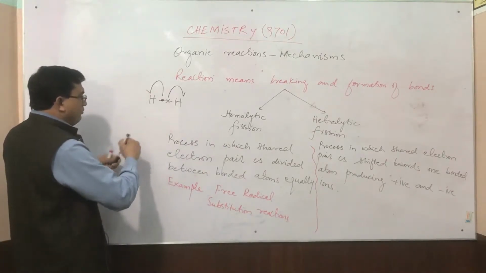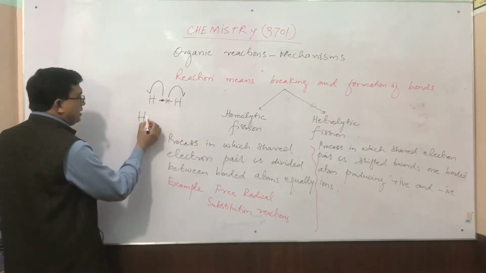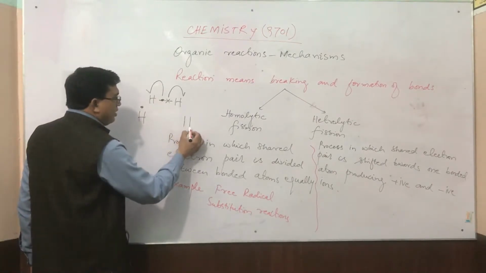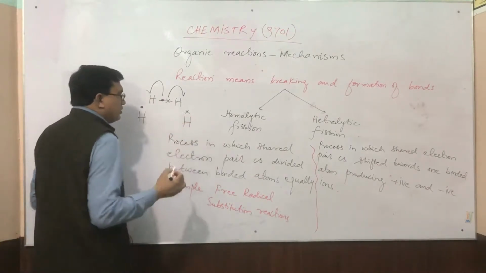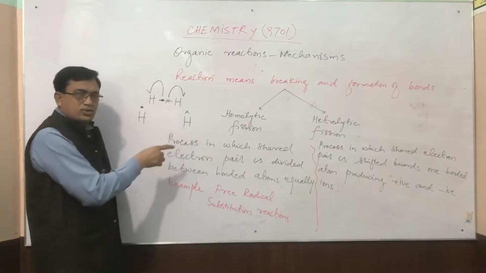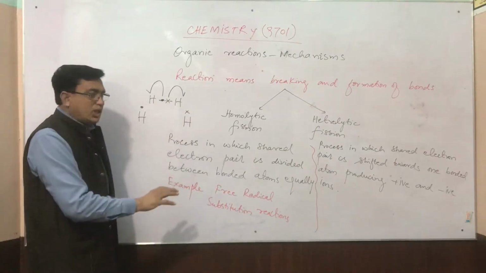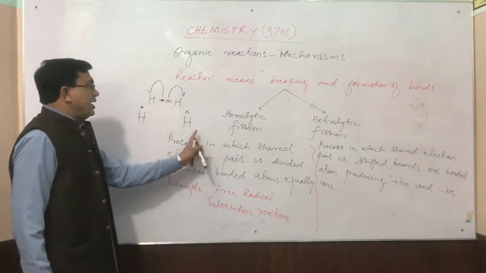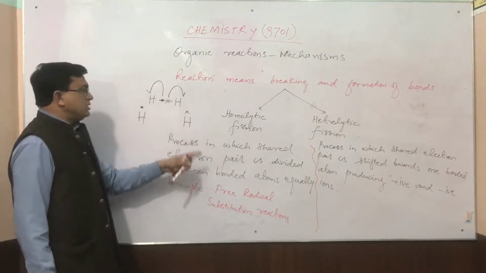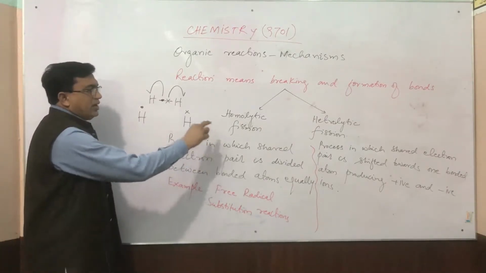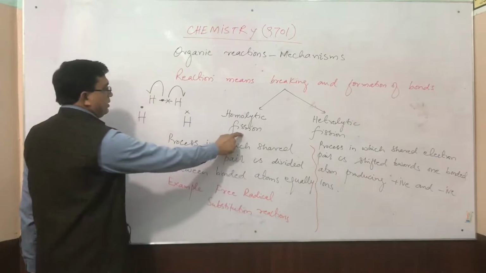As a result, what will be produced? One hydrogen atom with one electron, and a second hydrogen atom with one electron. These have an odd number of electrons without any charge, so such species are called free radicals, and this type of bond breaking is called homolytic fission.